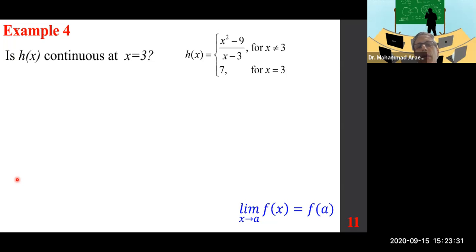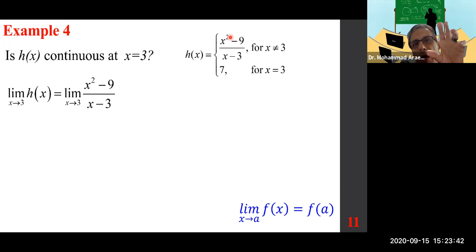To take the limit as x approaches 3, because x is not equal to 3, that means from the left and right we use the same thing. So let's do that. We don't have to write 3 from the left and right. If this was less than or greater than, then we would, but not equality, that means from both sides of 3 we use this function. Except at x equals 3 we use 7.